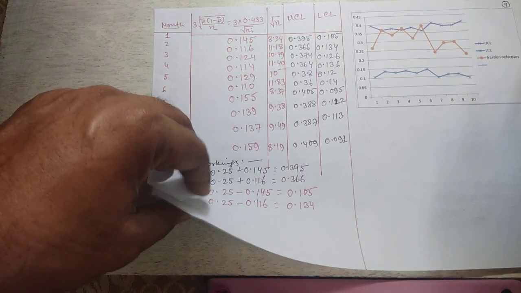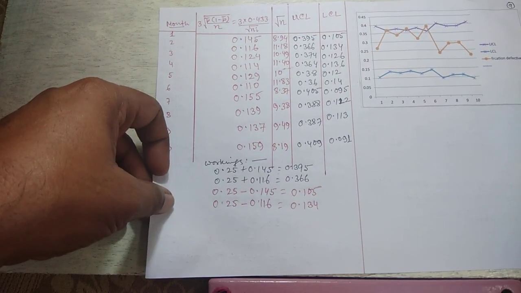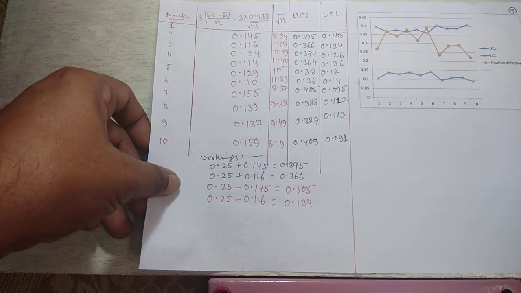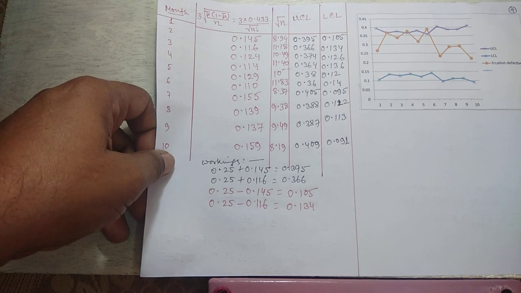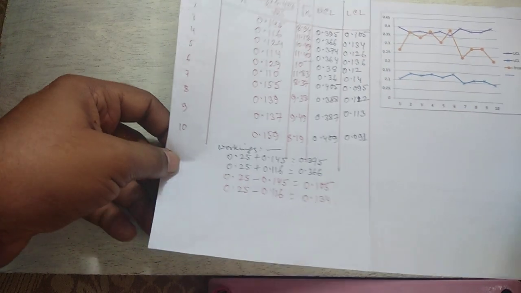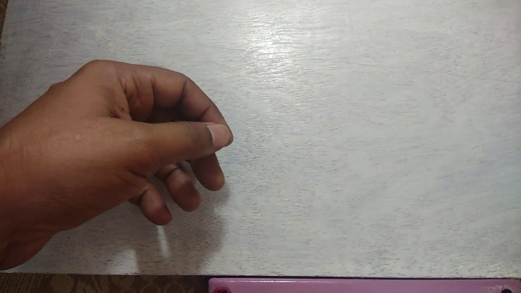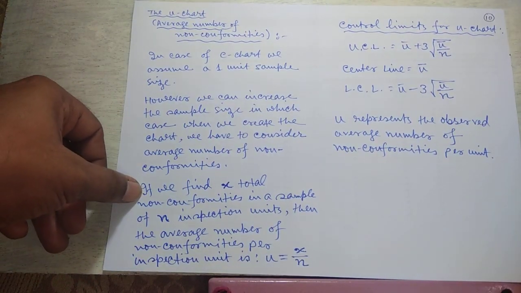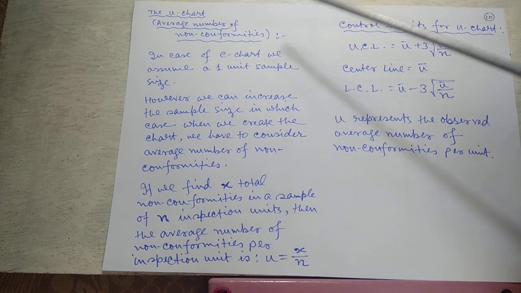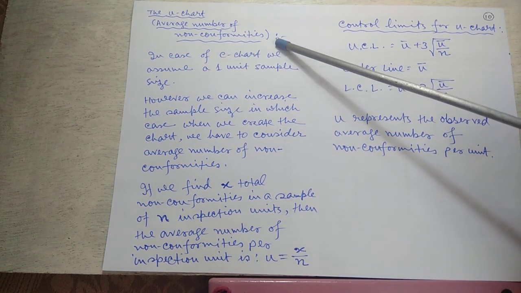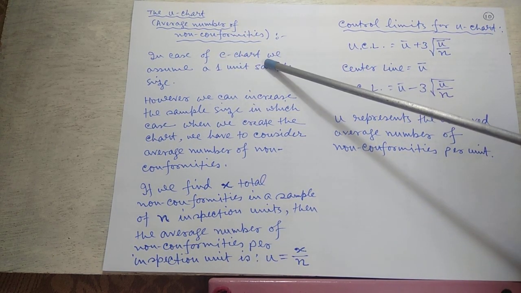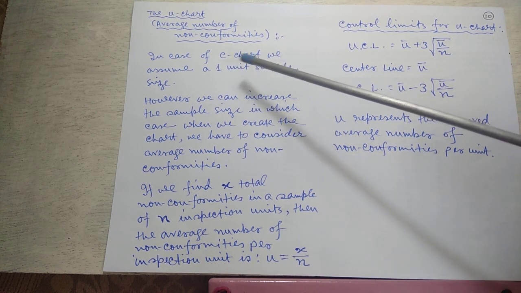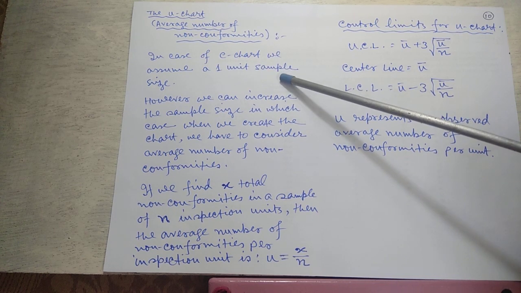Now we discuss the U chart for average number of non-conformities. We have already discussed it; let us recapitulate. In the case of the C chart, which you have just learned, we assume only 1 unit of sample size.